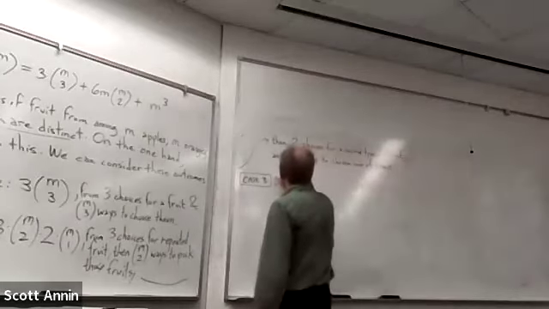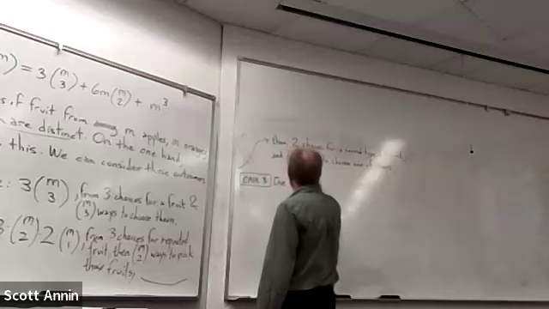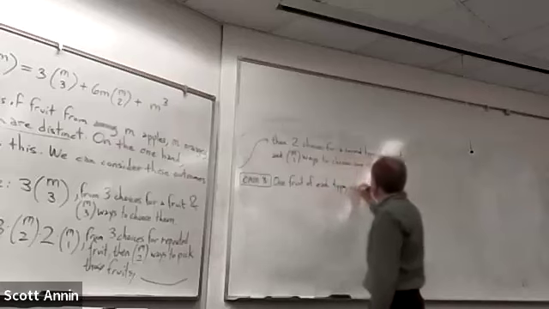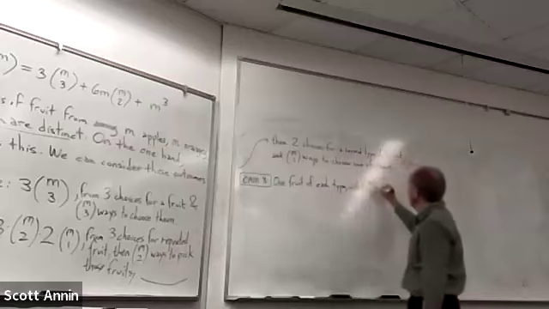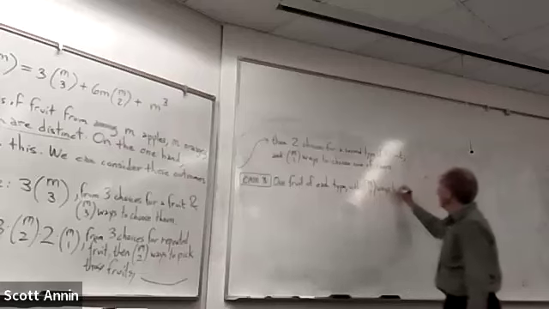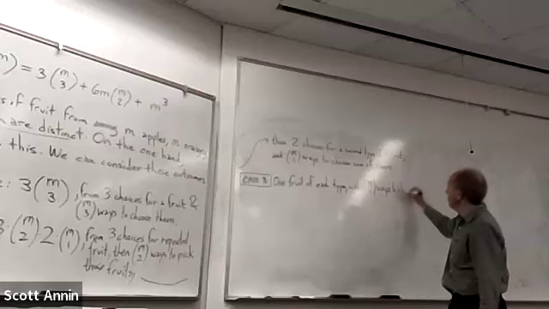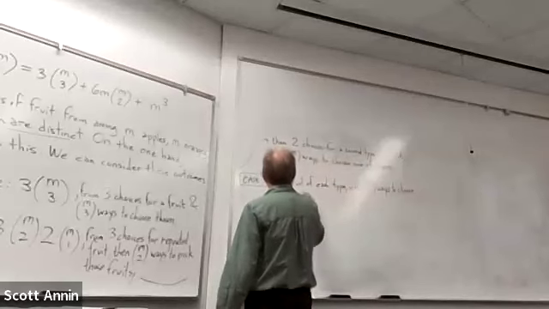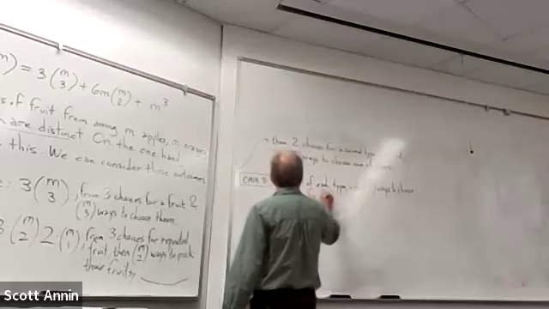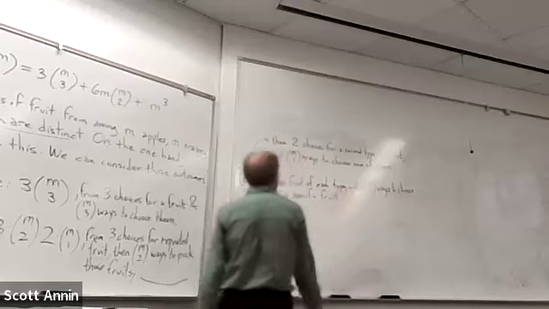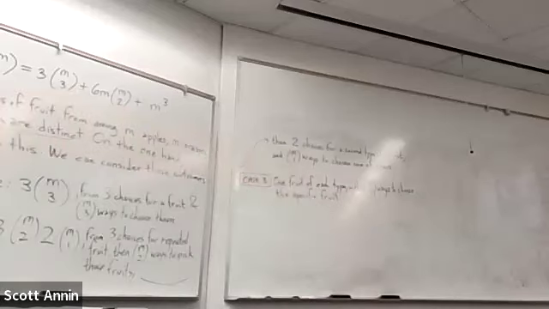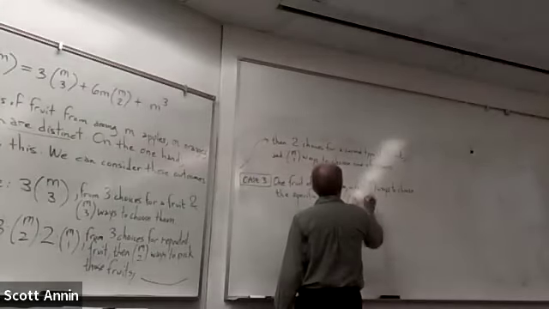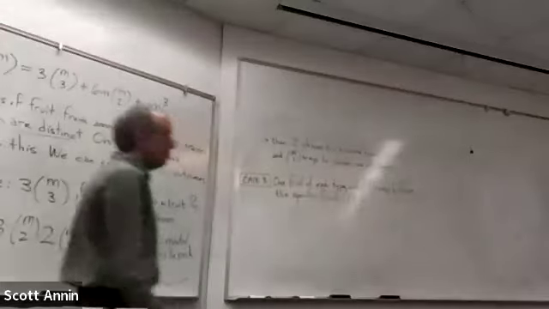So one fruit of each type with M choose one ways to choose the specific fruit. And so that's for each of the three types. So this gives me M choose one cubed when you do that.